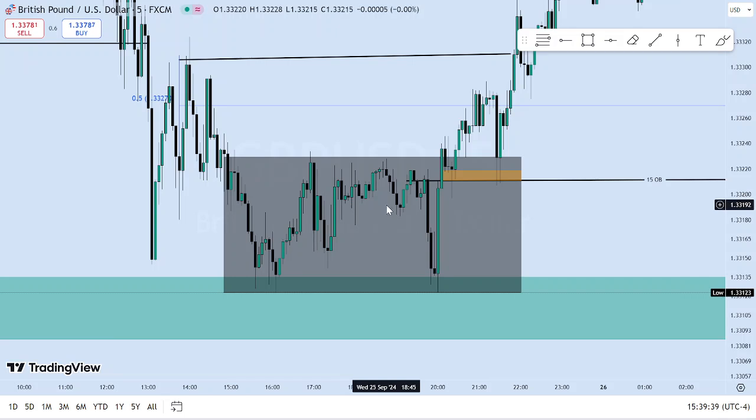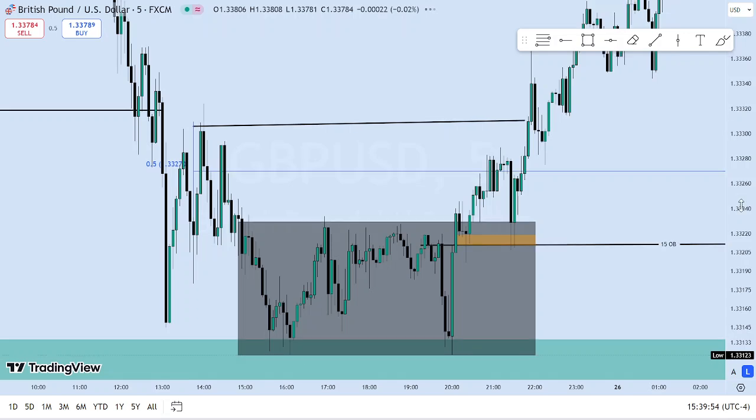Just have patience to see a breakout that will create a fair value gap. Then once that happens, wait for price to trade inside the fair value gap. Then you can target the draw on liquidity.